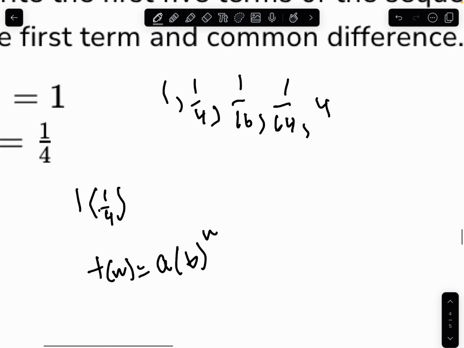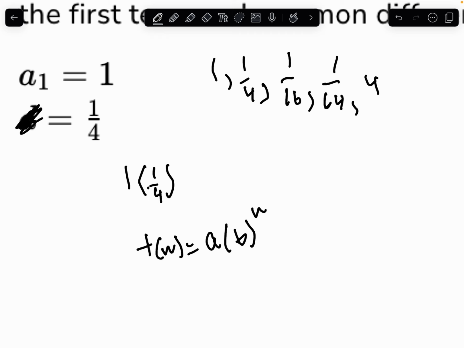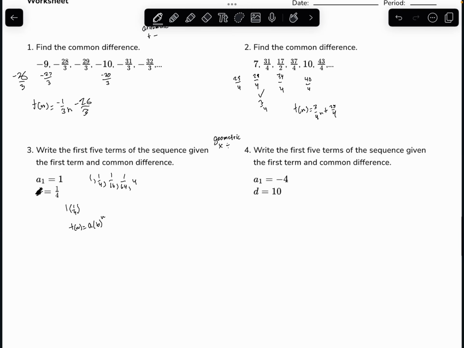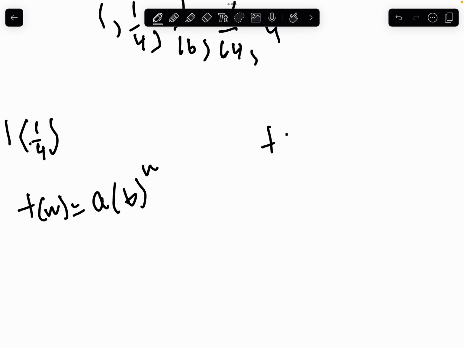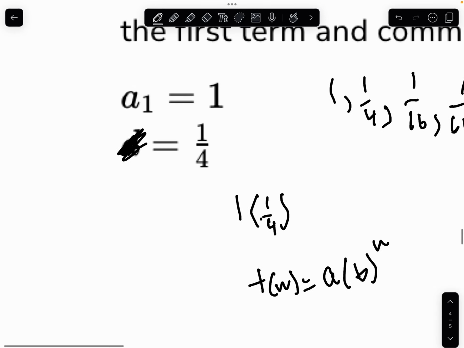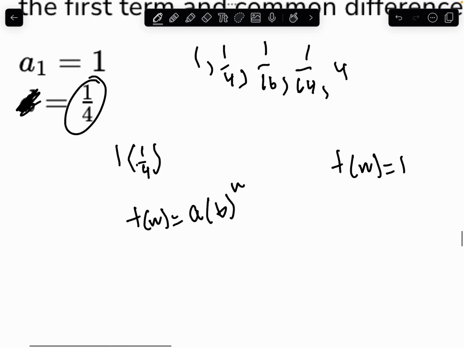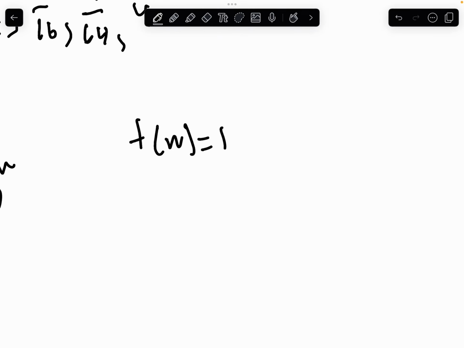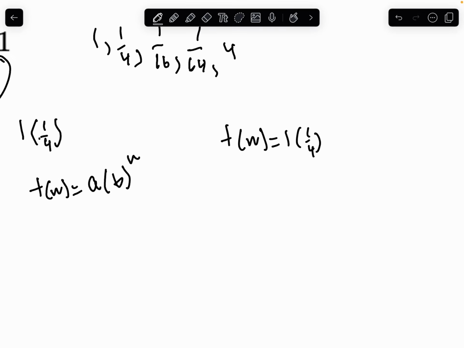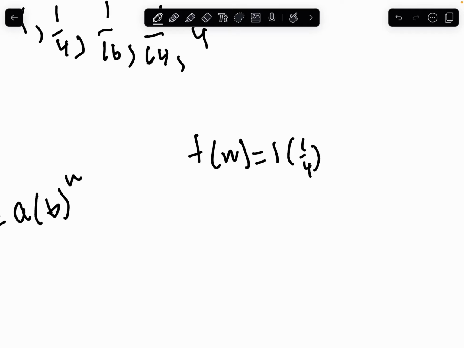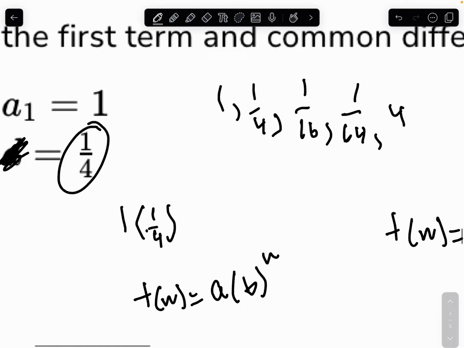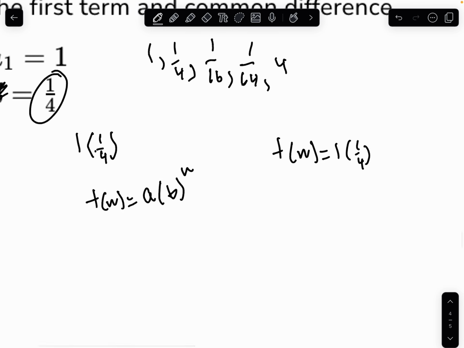So I'll explain what that means. a means it's your initial value. So our initial value, or our first term is 1. So we're going to write T of n equals 1. Now b is the multiplier, so it's multiplying by 1/4. So it's going to be times 1/4. Oh, sorry, our a is not 1 in this case.